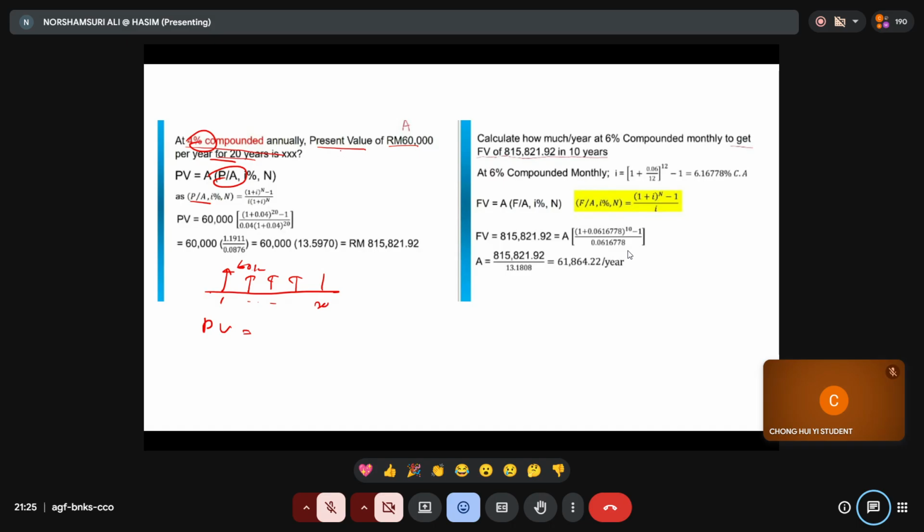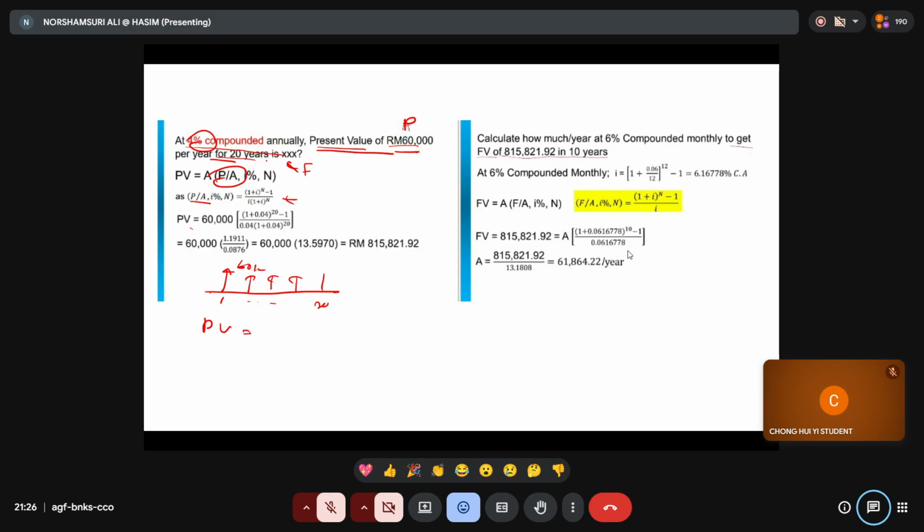I also didn't know if I understand this question. If the present value is 16,000, then maybe they're asking for the future value after 20 years. I'll just show you how this calculation is done.